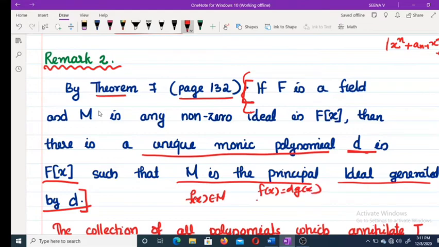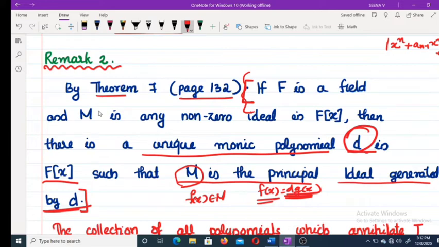That means f(x) is a multiple of d. Remember, d is not a constant, d is a unique monic polynomial, and f(x) must be a multiple of d. M is a principal ideal generated by d means every element in M is a multiple of d.